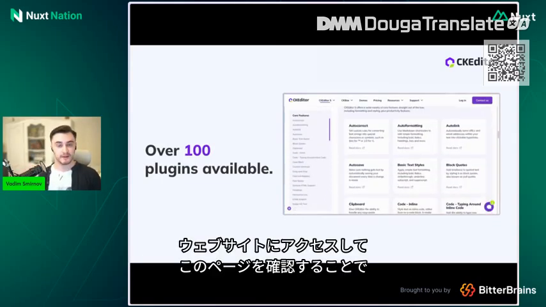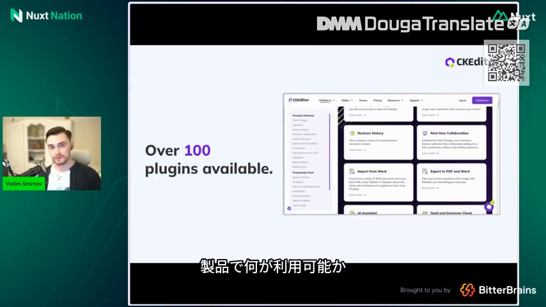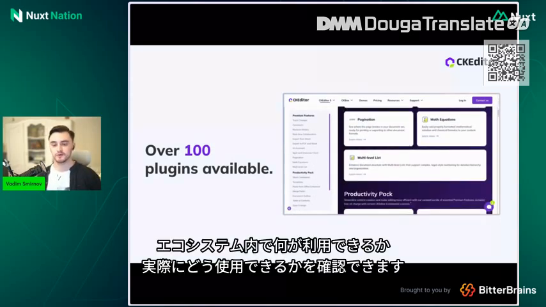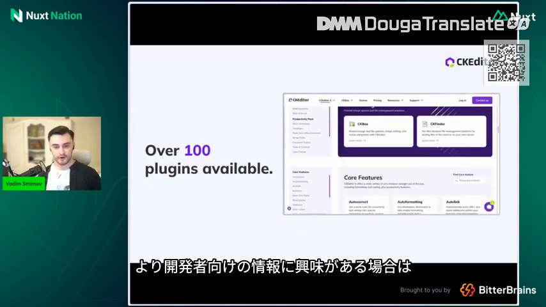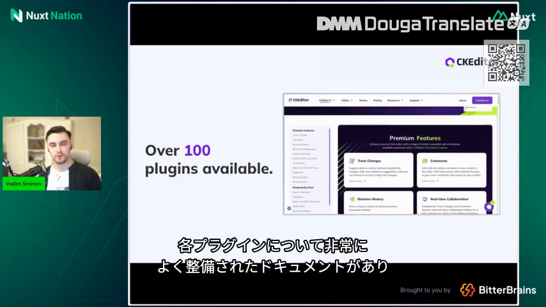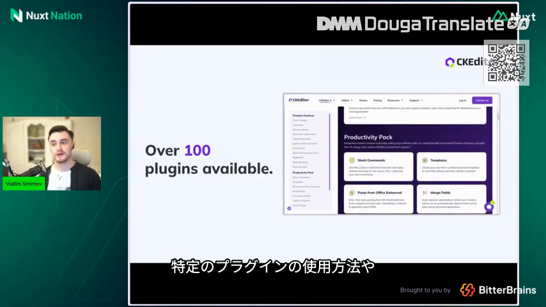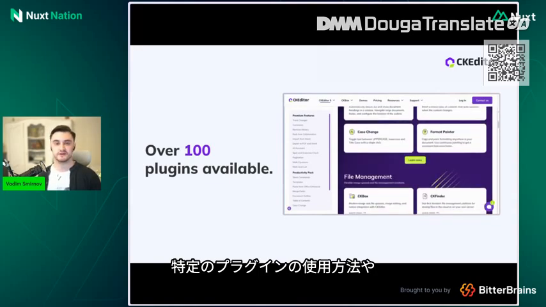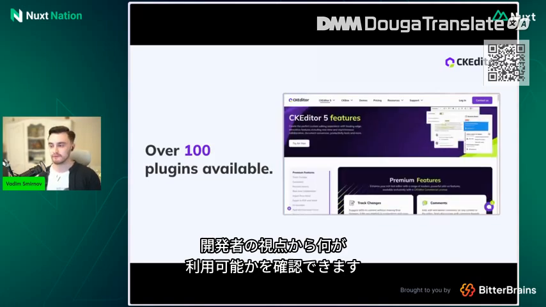So you can go to the website and explore this page to see what is available within the ecosystem and how you can use that. Alternatively, if you're more interested in developer-focused information, you can navigate the docs. We have really well-crafted docs for each plugin, so you can explore how to use specific plugins and what is available from the developer's point of view.